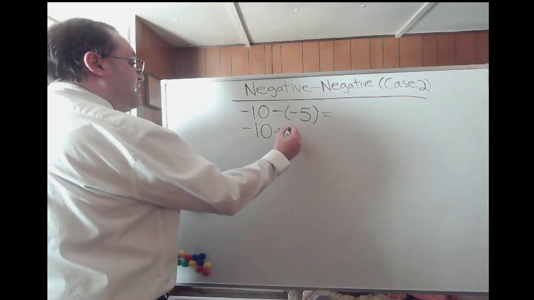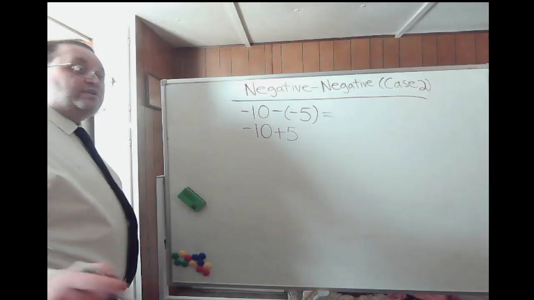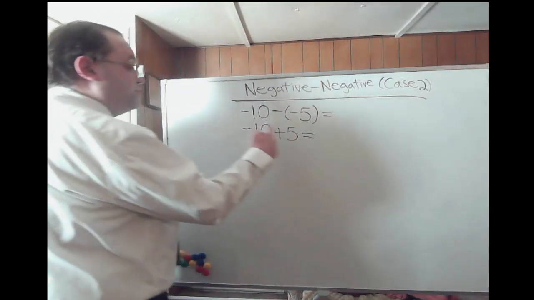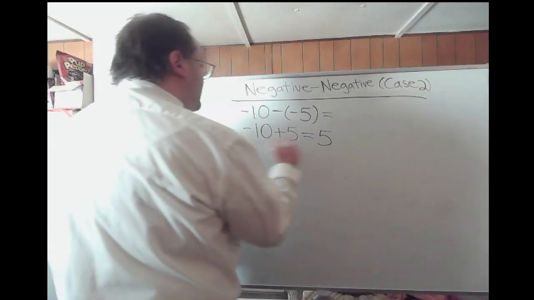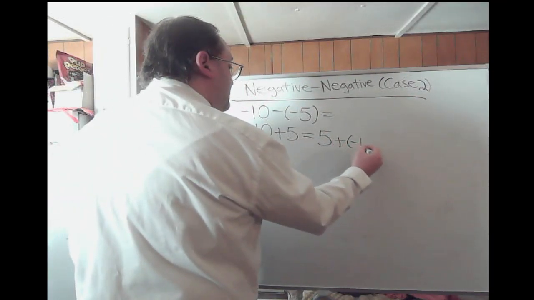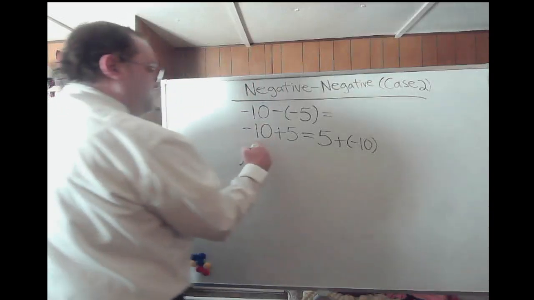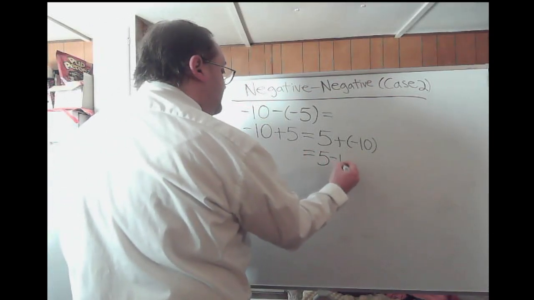You'll have negative 10 plus 5. By the commutative property of addition, meaning the numbers move around, you could switch the numbers around. You'll have 5 plus negative 10, which is the same as 5 minus 10.